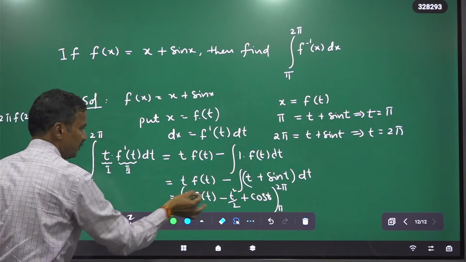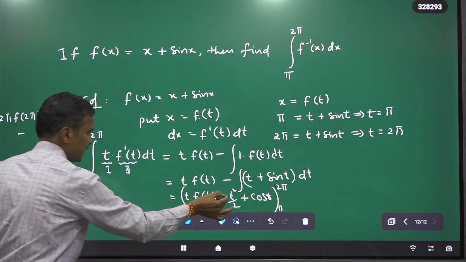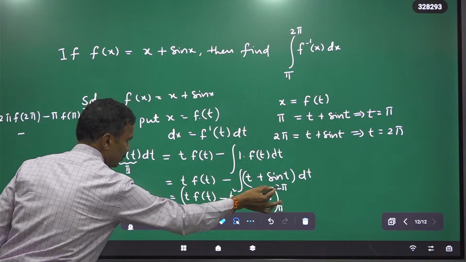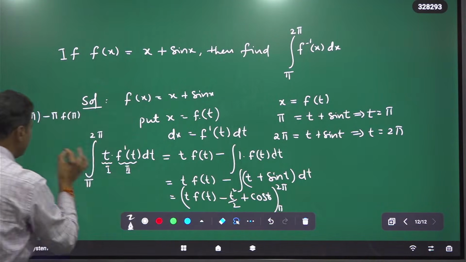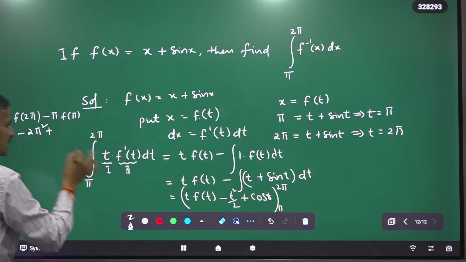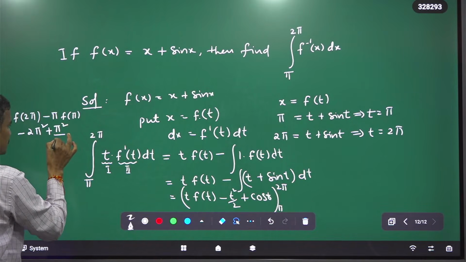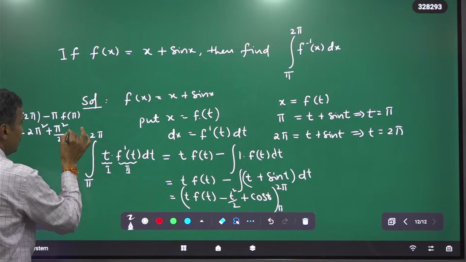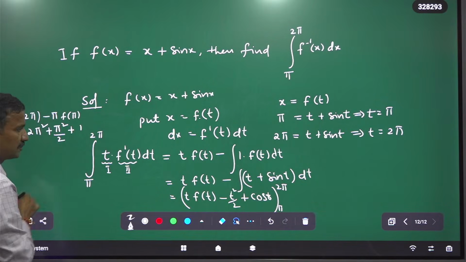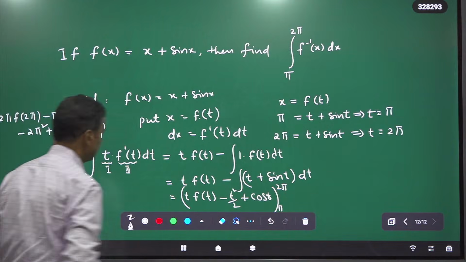Similarly, minus t square by 2: 2 pi whole square is 4 pi square, by 2 gives minus 2 pi square, and minus of minus plus, substituting the lower limit gives pi square by 2. Plus cos of 2 pi is 1, minus of minus 1, because cos pi is minus 1.